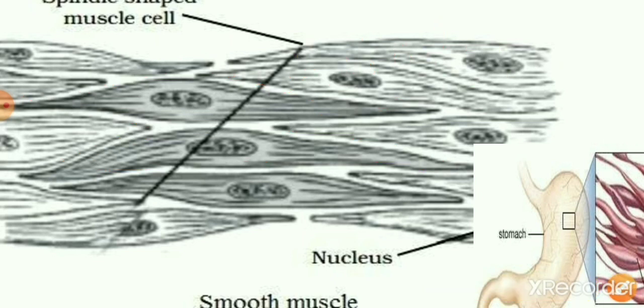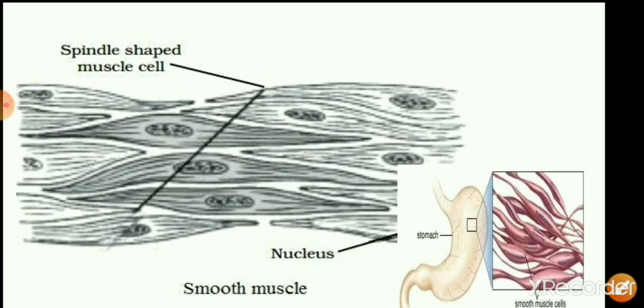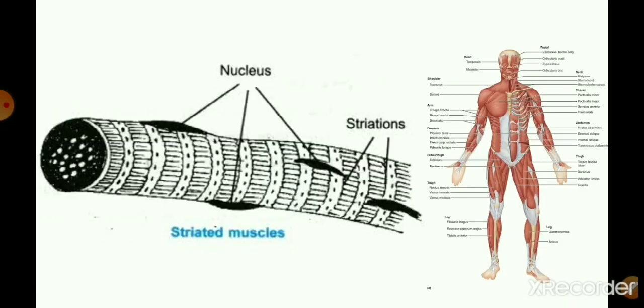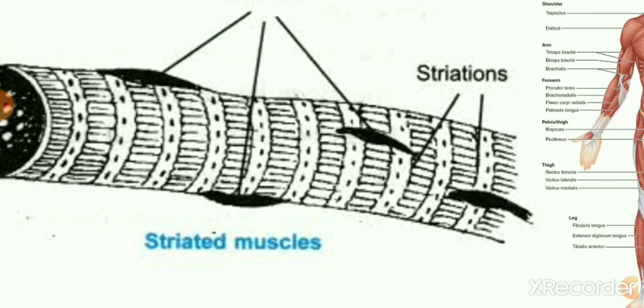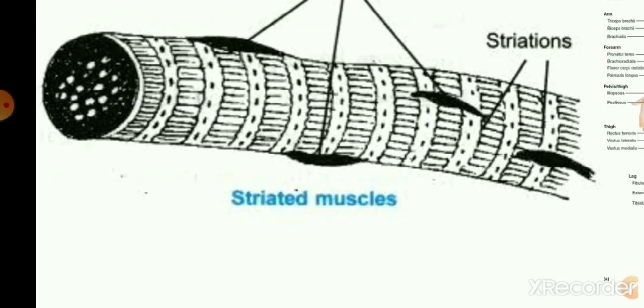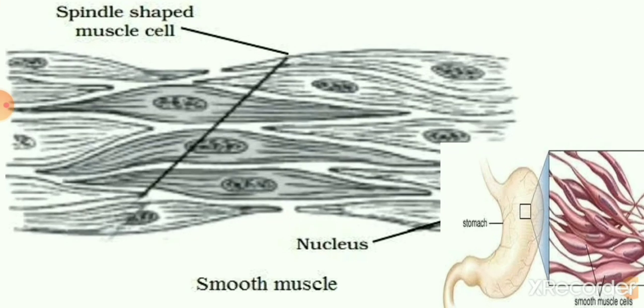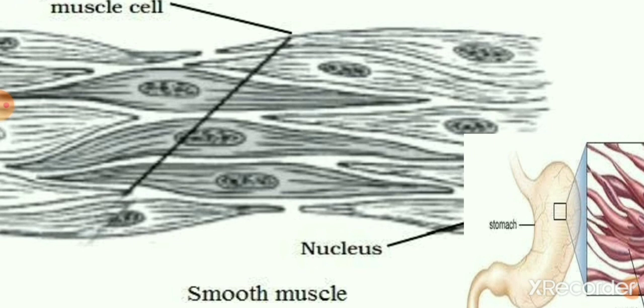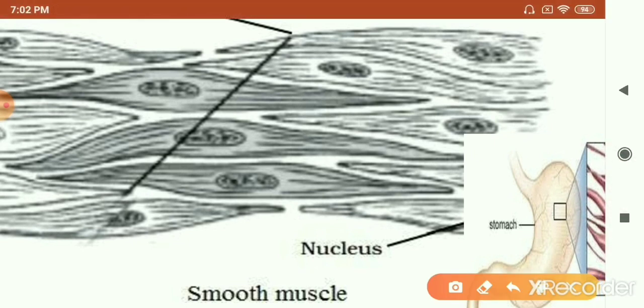Then you don't find any striations, like how you find striations in striated muscles or voluntary muscles. The alternate light and dark bands are present there, but you don't find them in smooth muscles. So as striations are not present, they are called smooth muscles, or they are also called unstriated muscles.